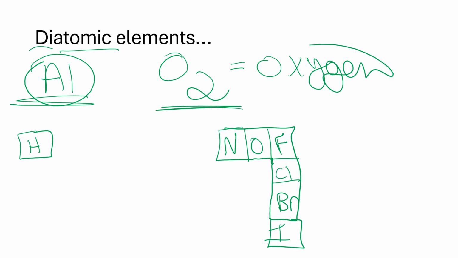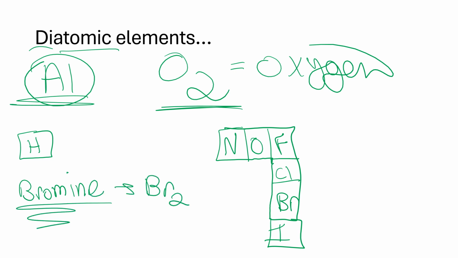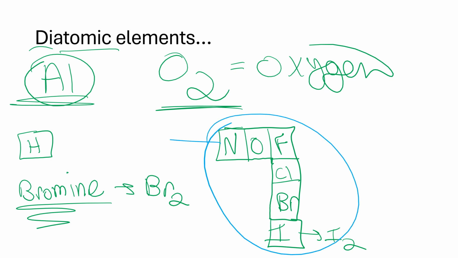So if someone says bromine and it exists alone and it's only that word, it's Br2. Iodine is I2. So it is those 7. So I think of a backward 7 kicking a soccer ball, and there's 7 of them, with hydrogen being H2.